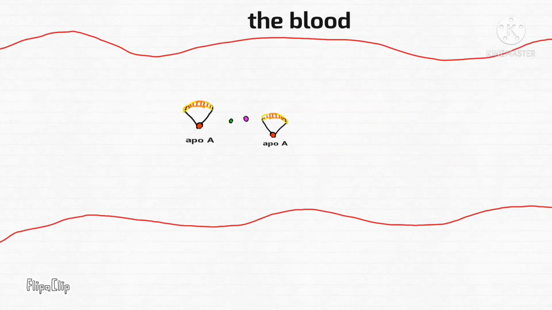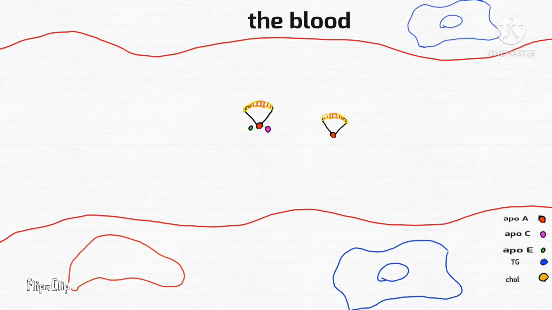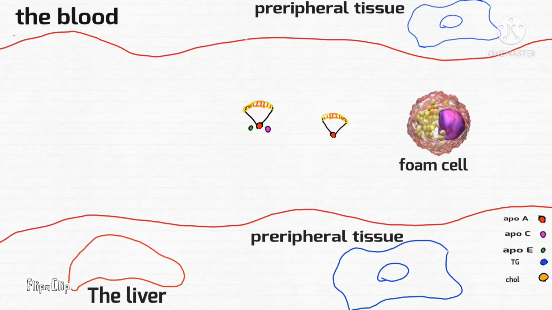First of all, the hepatic HDL passes the ApoC and ApoE to the intestinal HDL. As you note, I put a reference on the right bottom to simplify the events even more, because it will be complicated, as you will see.